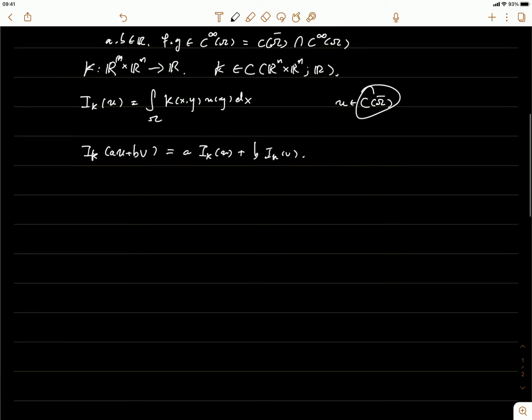Okay, so formally, what is the definition of a linear operator?